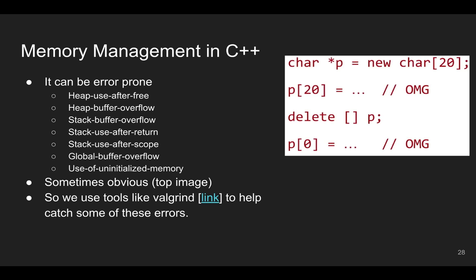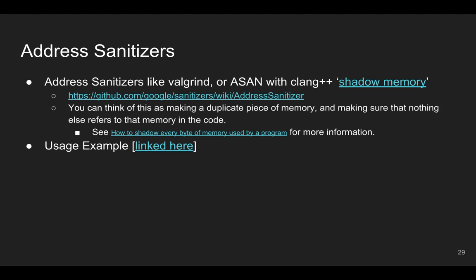if you're on Linux. On pretty much any other platform, any tool that supports the Clang compilers, Clang++ has something called an address sanitizer. What it basically does is every time you allocate memory, it makes another shadow copy of that memory, and makes sure that nothing else points to it if it's been freed. So there's a little usage example.